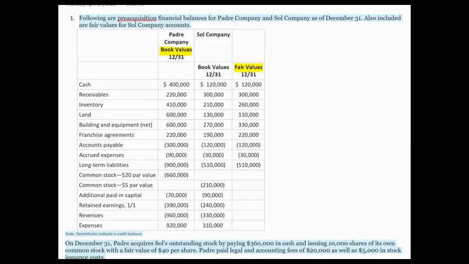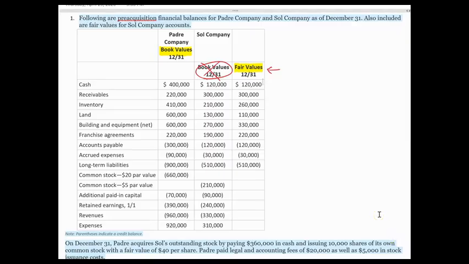So this is called the acquisition date fair value method. And we do not use the subsidiary company's book value. So this is not the value we use. Instead, we're using the fair value of the subsidiary company's identifiable accounts.